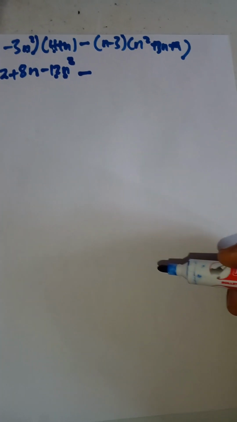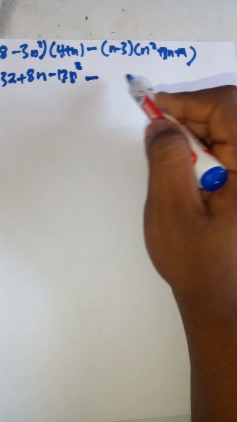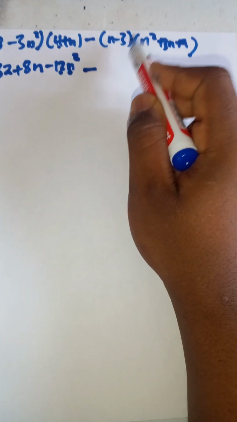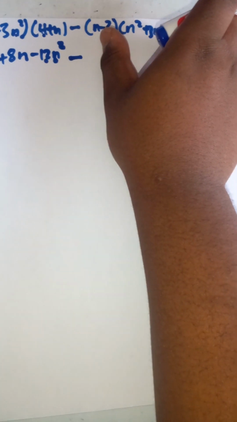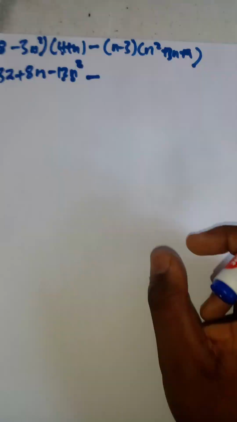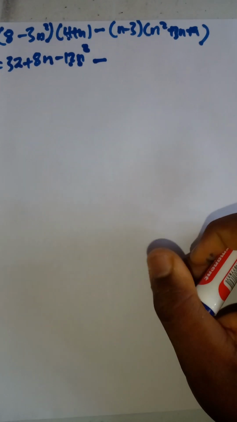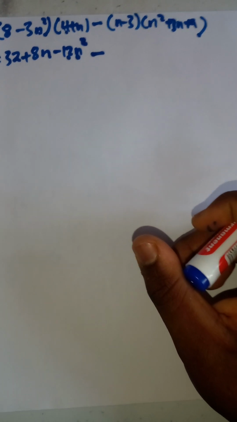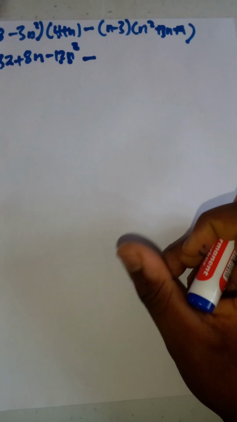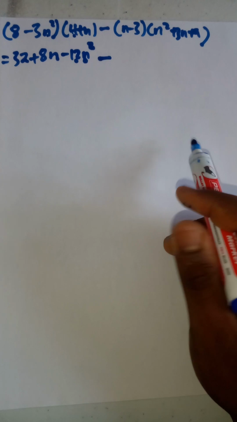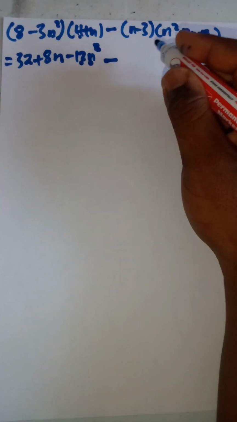Can you understand me? So now, since I have negative n minus 3, and the very same n minus 3 is close to the bracket of n squared plus 3n plus 9, this is what I am gonna do. I am gonna multiply each and everything separately. But now, check out what I will do. I will simply put this thing inside a bracket.